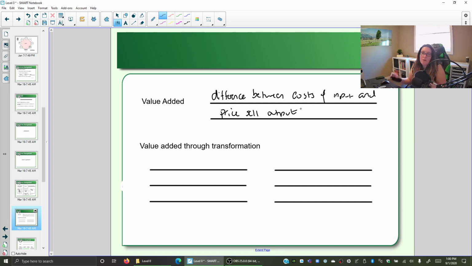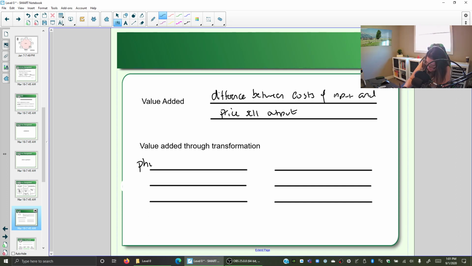So how do we go from the value of the raw materials to the price the customers are willing to pay? We need a way to add value to that different good or service. So there's different ways to add that value, different types of transformations.